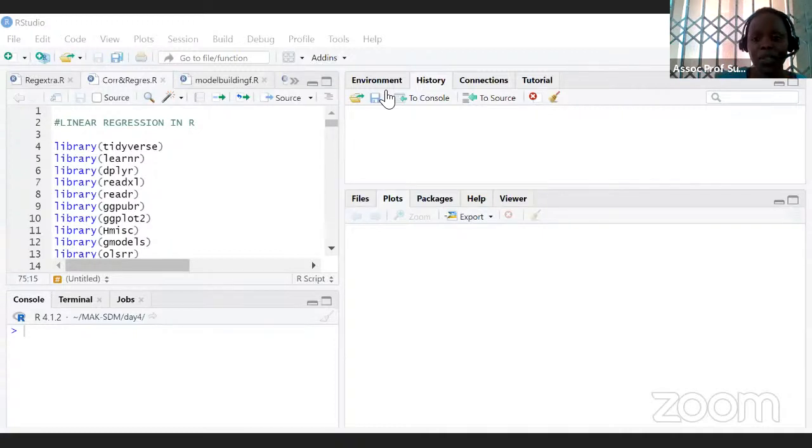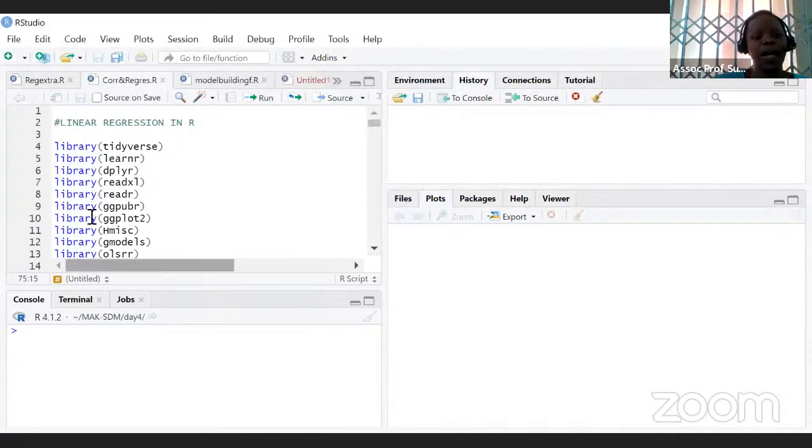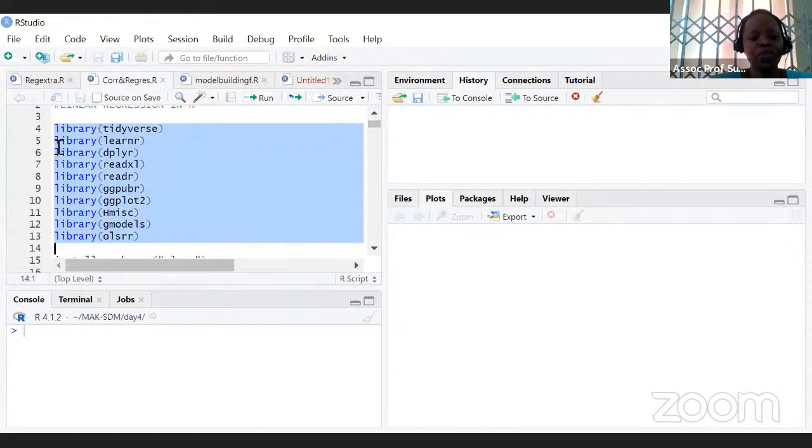Okay, so let's start with a practical. Remember that the first thing we do is to load the libraries that we are likely to use. So I'm going to load all these libraries. In case you see any library where you've not installed the package, please first install it. For example, if you don't have olsrr, gmodels, Hmisc, or ggplot2, please install them first.